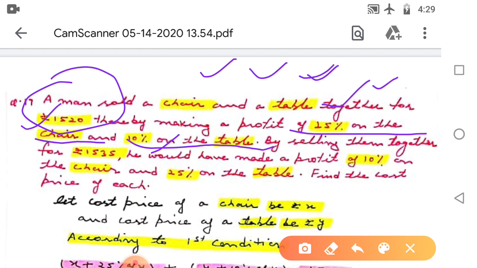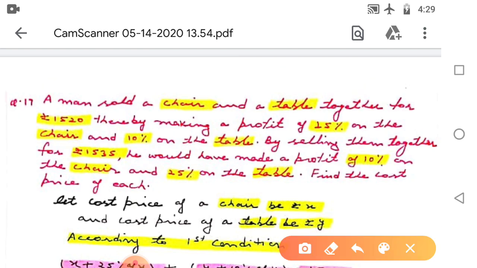Now the second part: by selling them together for 1535 rupees, he would have made a profit of 10% on the chair and 25% on the table. Find the cost price of each.